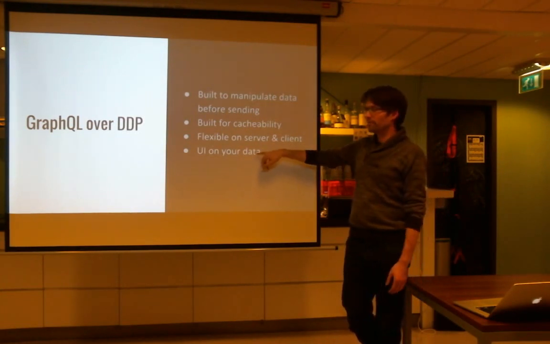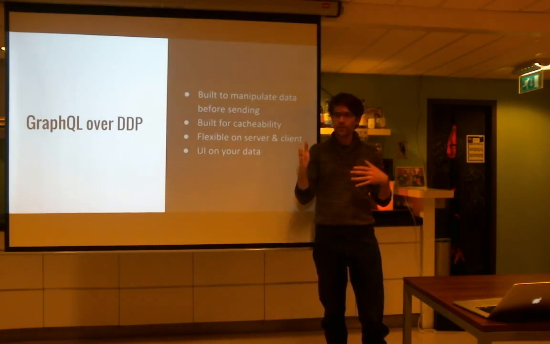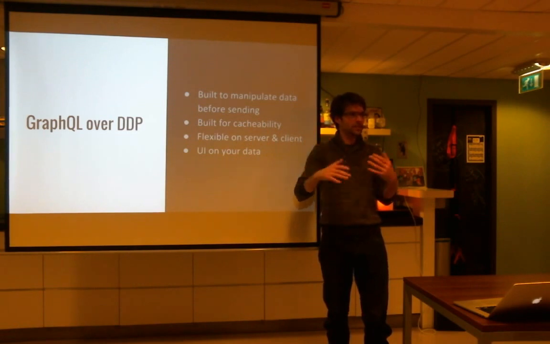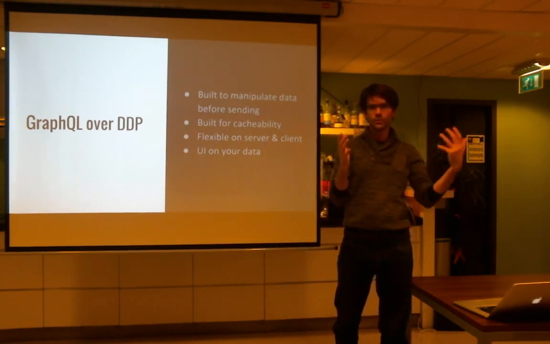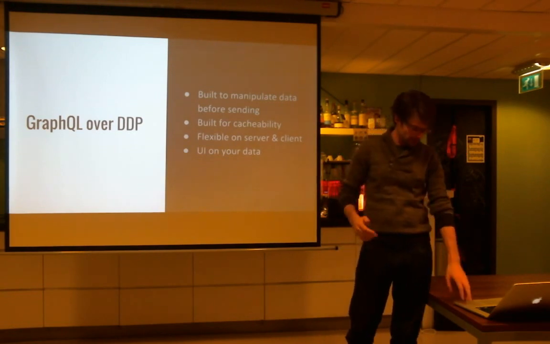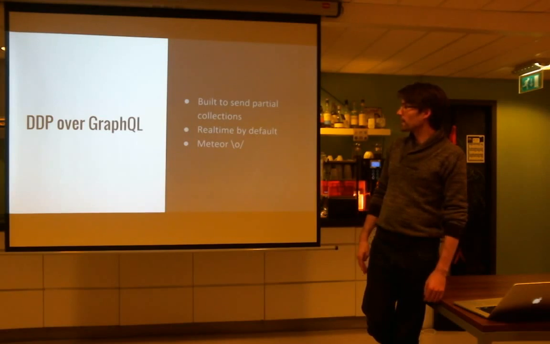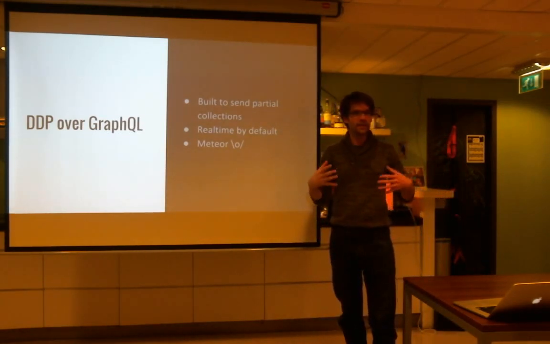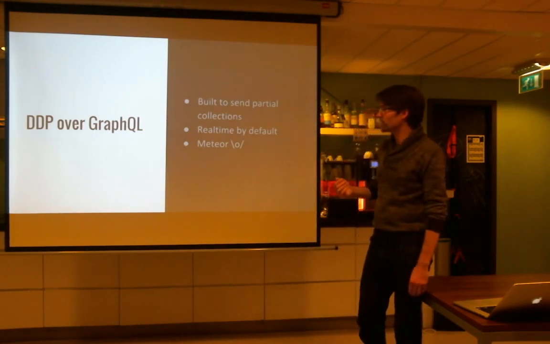And I love GraphQL, where you have a UI on your data that's also like a halfway point where you can test. You can just create an endpoint and then test it in different use cases before you attach your own user interface, React, Vue, whatever, onto it. Whilst DDP is built to send partial collections, and that's what we're using it for at the planning tool.